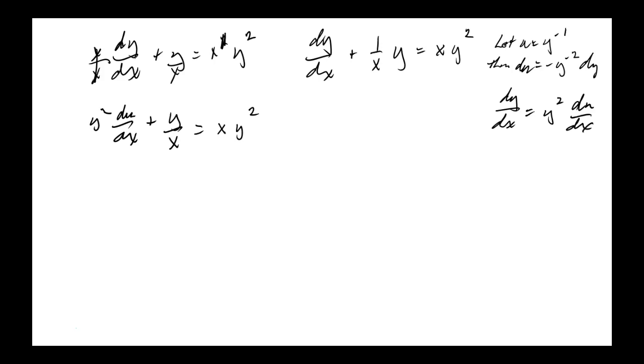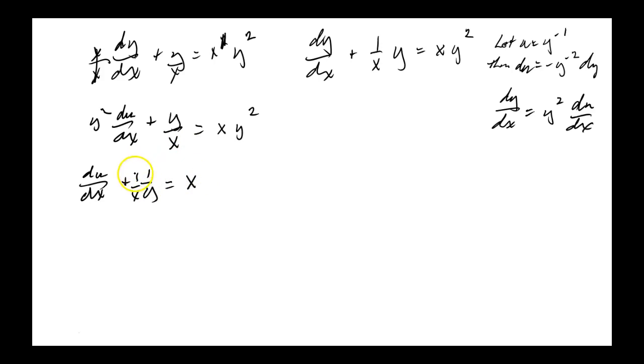Okay, so let's see what we've got now. Let's divide everything by y squared. So we have du dx plus 1 over x times 1 over y is equal to x, because you're dividing by y squared.